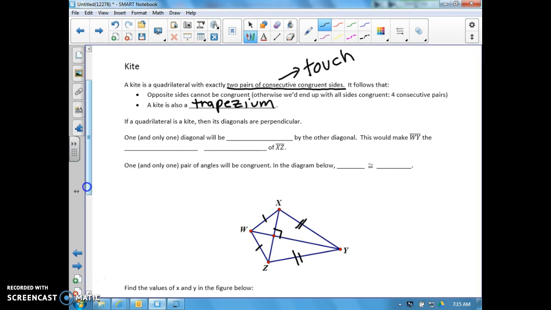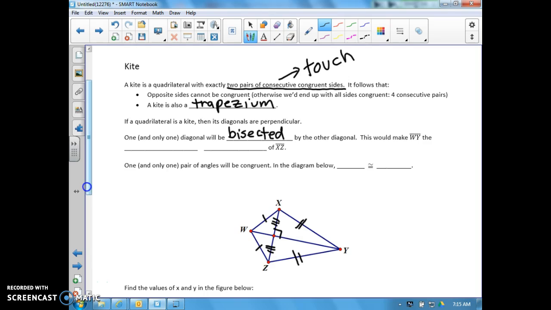One and only one diagonal will be bisected by the other diagonal. So looking at this, XZ is bisected, I guess I have to do 3 ticks here, by WY. But WY is not bisected by XZ.